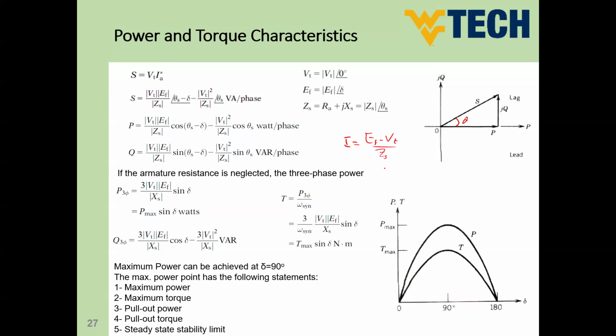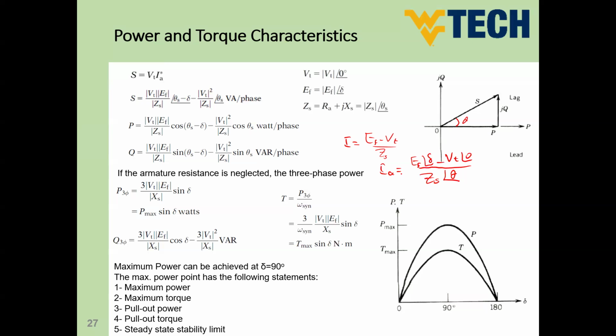So we can say that IA equals EF at angle delta minus V terminal at angle 0 divide ZS at angle theta. So this is IA. If you would like to get IA conjugate, this would make the angle negative.